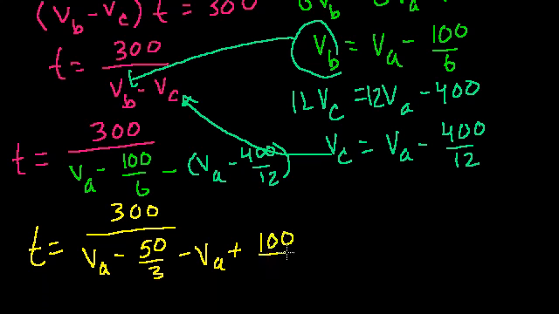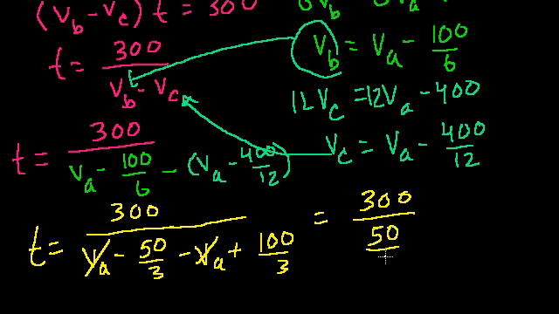Plus 100 over 3. These two cancel out, VA minus VA. So then we're left with T is equal to 300 over 100 over 3 minus 50 over 3, right? Or I could say minus 50 over 3 plus 100 over 3. But either way, minus 50 over 3 plus 100 over 3 is just 50 over 3, right?